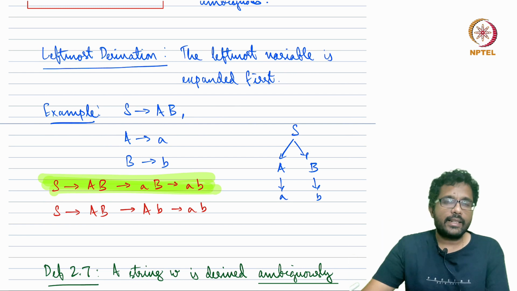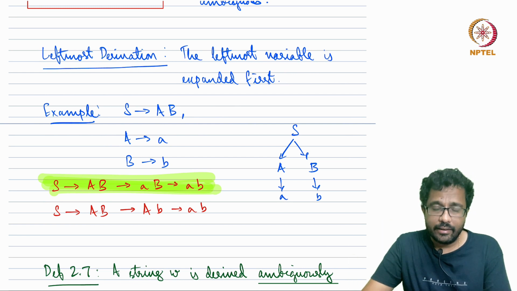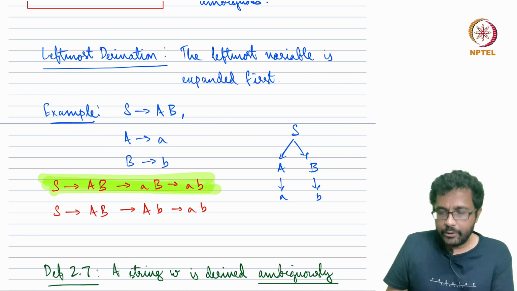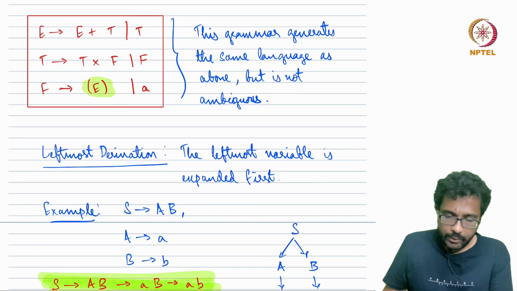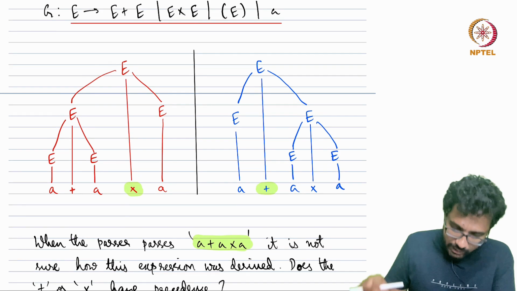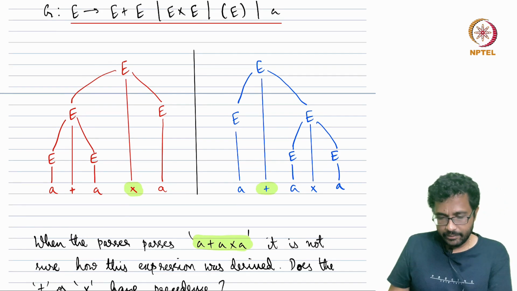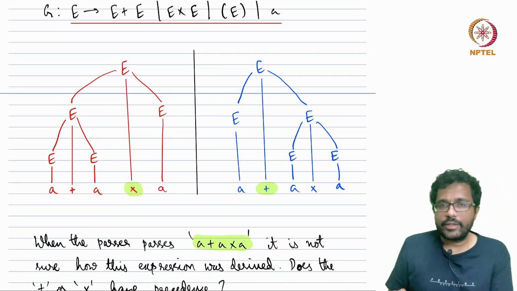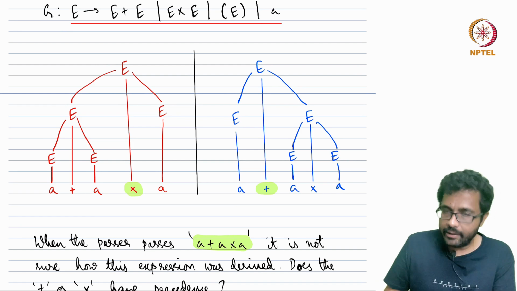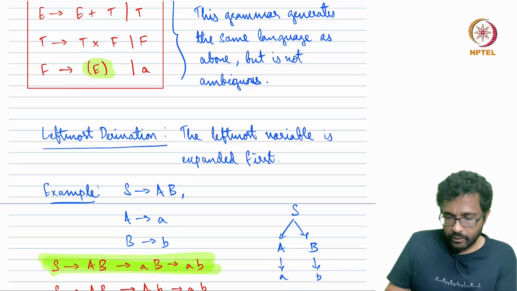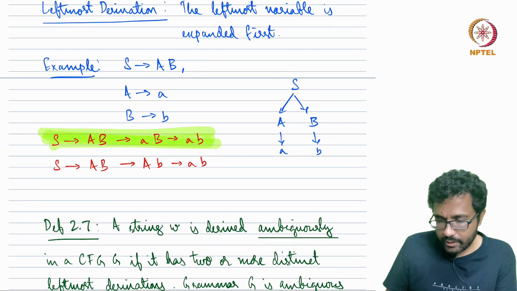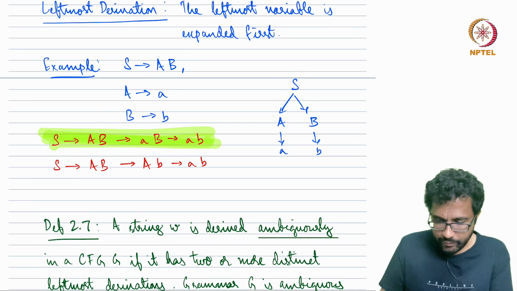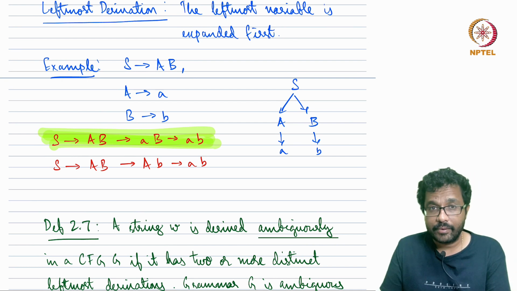So if the leftmost variable always has to be replaced, there is only one way to derive AB. However, here that was not the case. Even with the same leftmost derivation, there are two different ways to get it. So that is why we have two different trees also. A leftmost derivation corresponds to a certain tree. Here both the derivations correspond to the same tree.